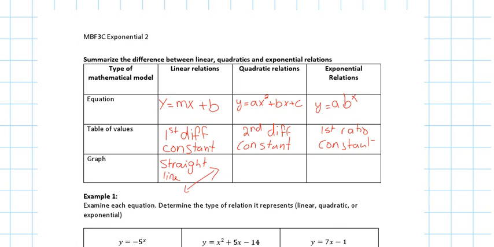What would your graph look like if it's quadratic? Parabola. So it could be open up or it could be open down. Now, for an exponential, one side is almost horizontal, or flat, while the other side grows or decays fast.